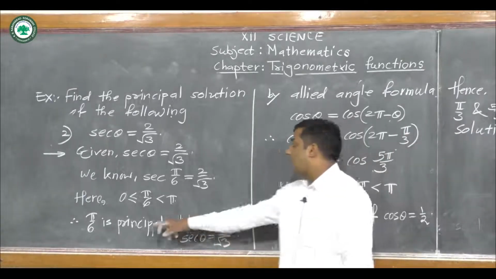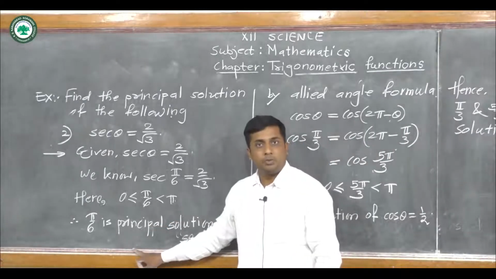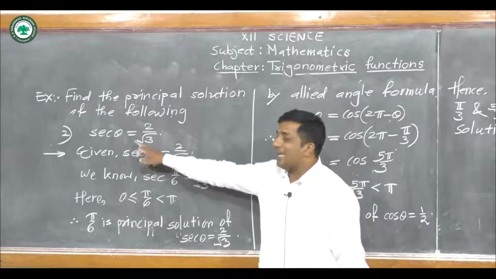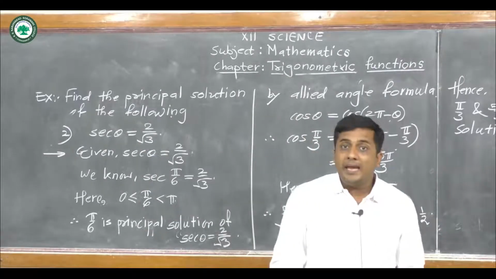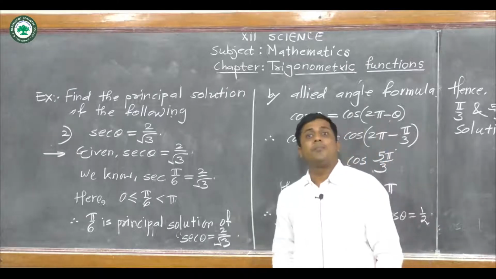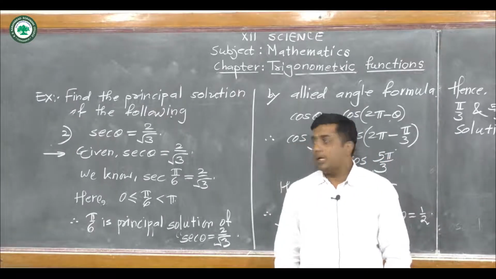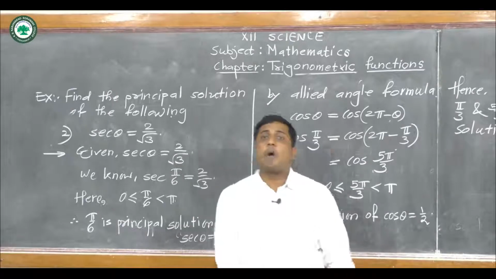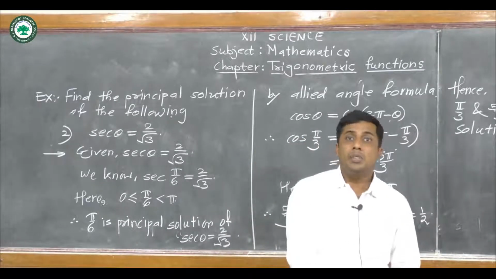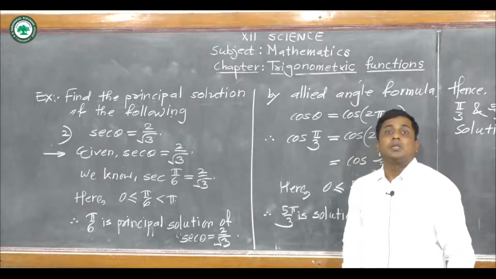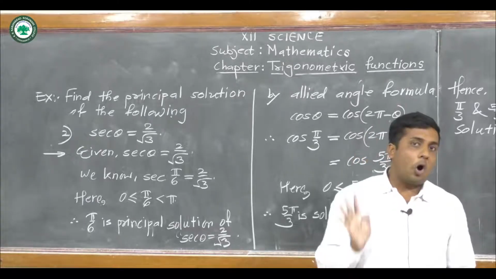So this is one of the principal solutions. Now everyone knows sec theta is positive in the first quadrant and in the fourth quadrant. This pi by 6 is from the first quadrant. Now we have to find the solution from the fourth quadrant.